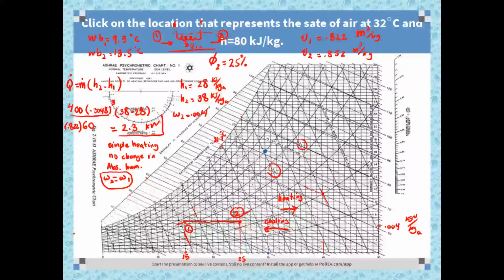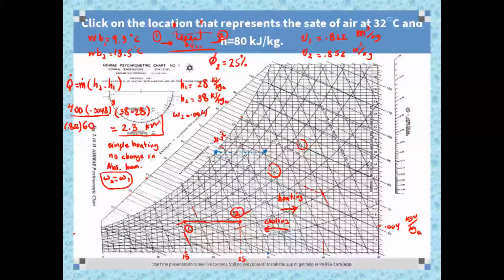So what happens when we cool it down without any humidification until it's saturated? We go from right to left, and we hit this point. So I would say 22 is better than 21.5. Well, no, wait.